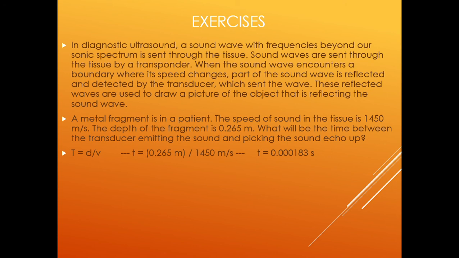After we complete the division, we will find out that our time equals 0.000183 seconds. That is extremely fast. And of course, we have to take into consideration that we are talking about waves, and waves are always moving extremely fast.